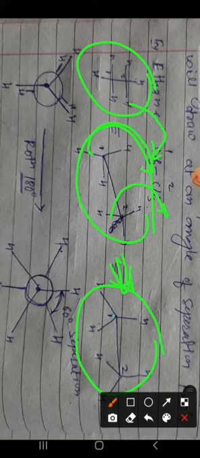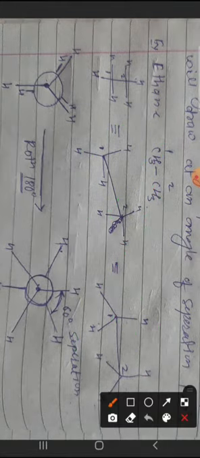There also, each carbon has three groups. So the three groups are separated by a 120 degree angle. Here is the 120 degree angle of separation. So similarly, all the groups on each carbon will be separated by a 120 degree angle in Newman's projection also.